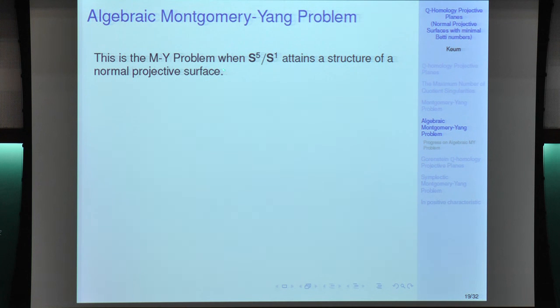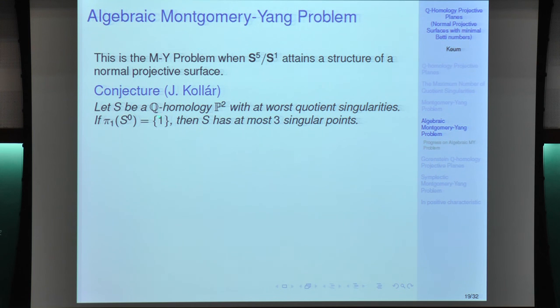This is the linear case, for example. And here is the Kollár conjecture: let S be a Q-homology P2 with at worst quotient singularities. If the smooth part is simply connected, meaning this M, the manifold with boundary, is simply connected, then S has at most 3 singular points. This matches the conjectured bound for the exceptional orbits.